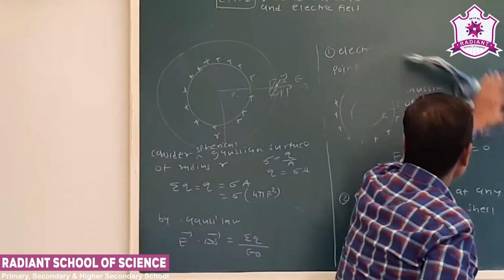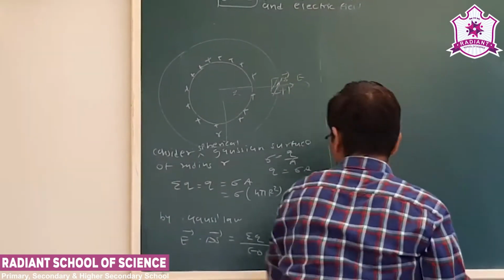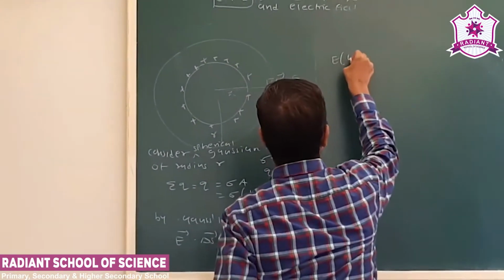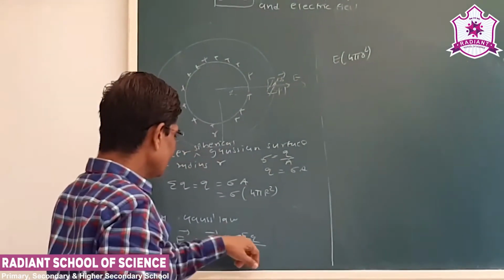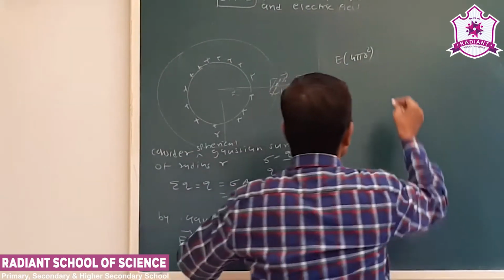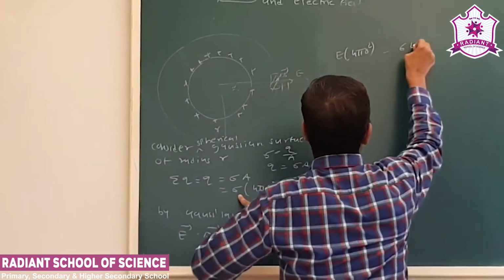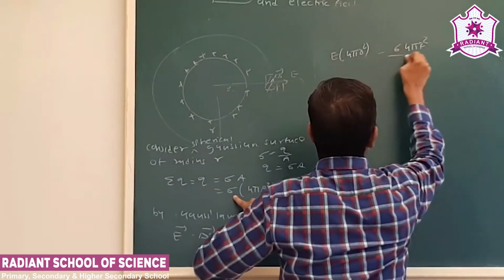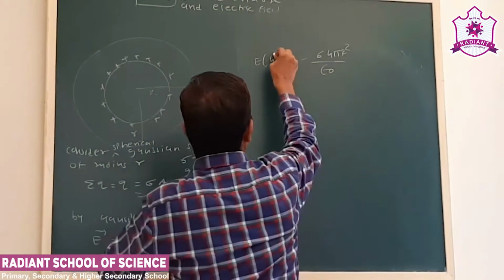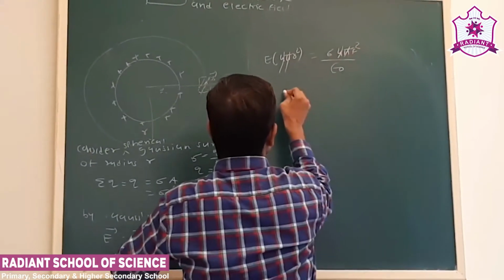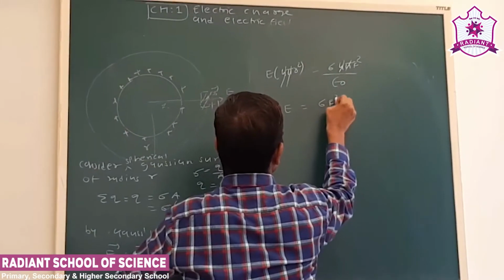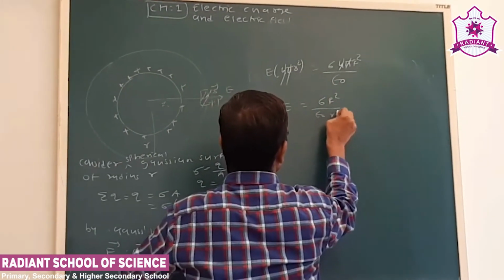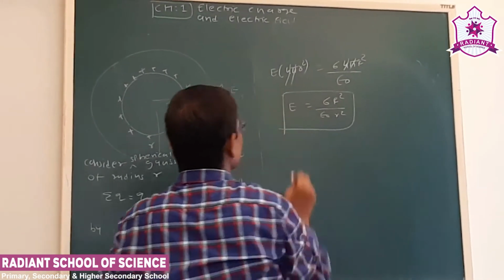So what we get here is E times delta S, 4 pi r square. Sigma q is nothing but sigma A. Okay, so 4 pi cancels.